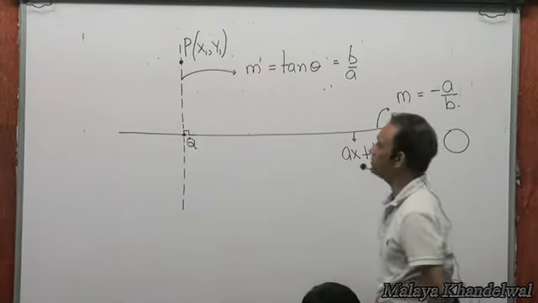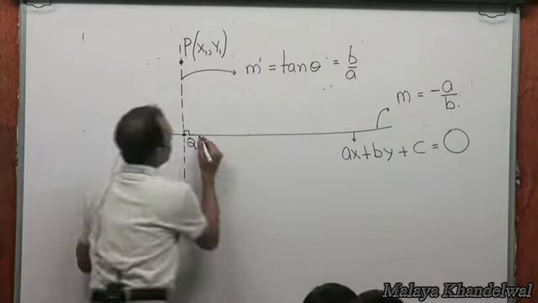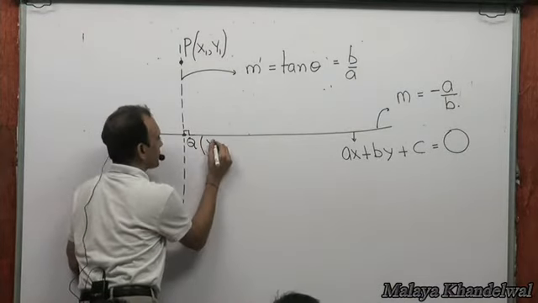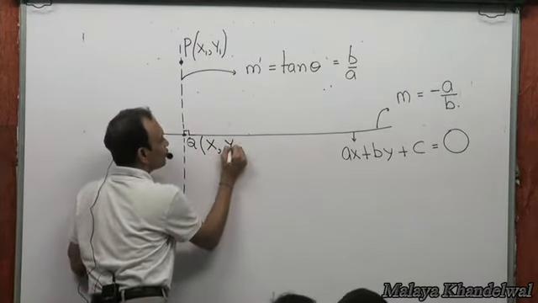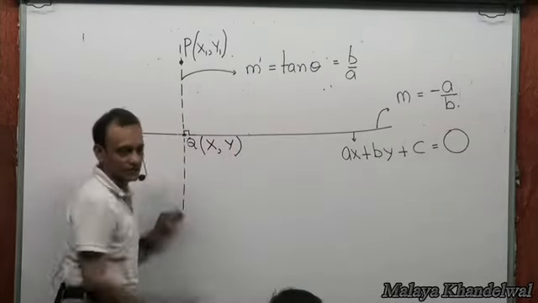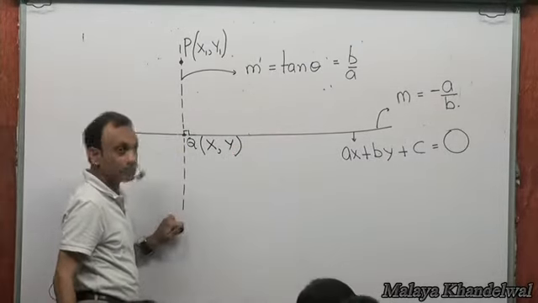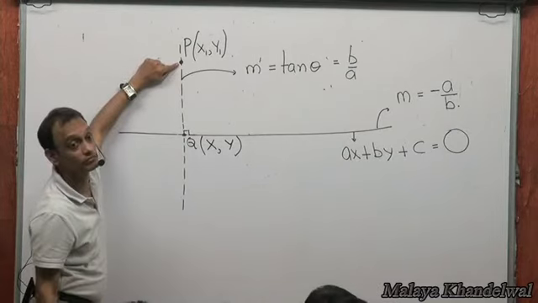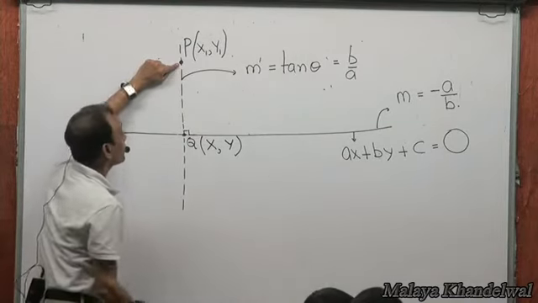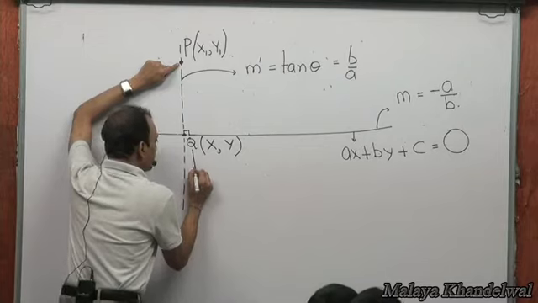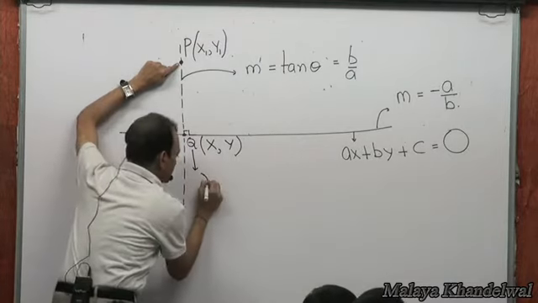Now, Q, let's say, is the foot of the perpendicular from P onto this line. P is a reference point. And the parameter on this line associated with Q is r.